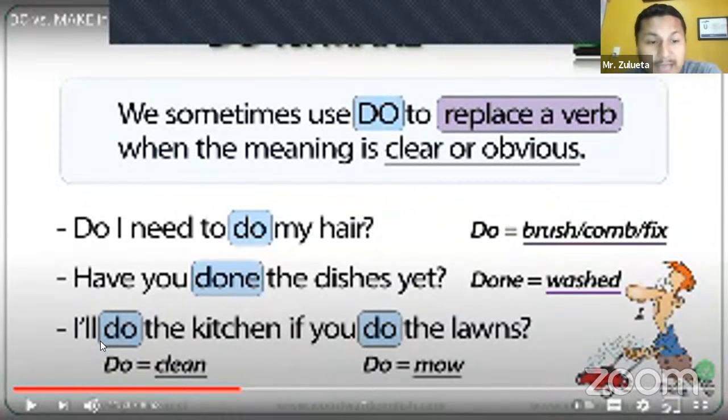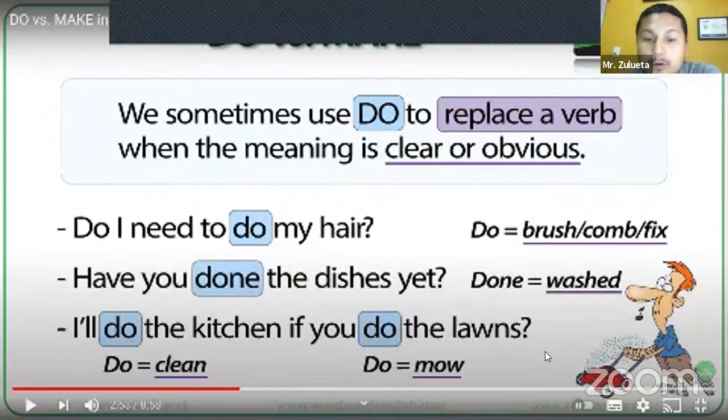Here in the last sentence, I'll do the kitchen. In Spanish, it would not make any sense, right? I'll do the kitchen. It means I'll clean the kitchen, okay? And if you do another chore, another housework, for example, mow the yard or mow the lawns, okay?